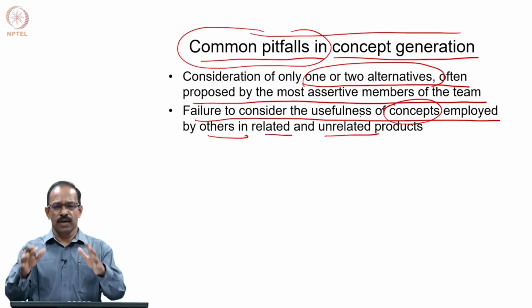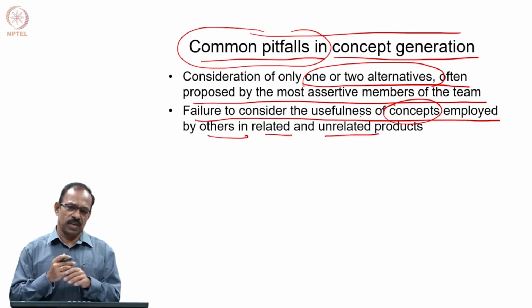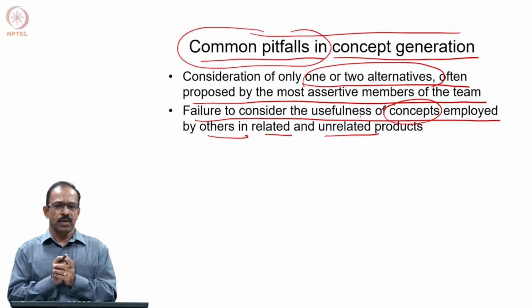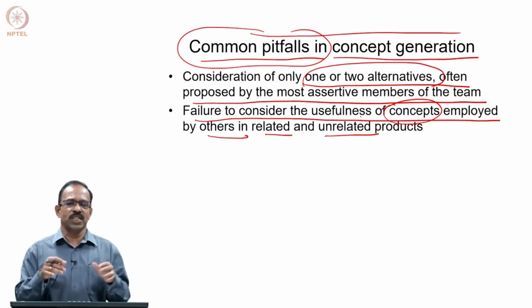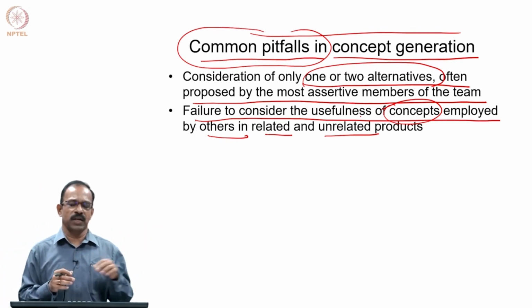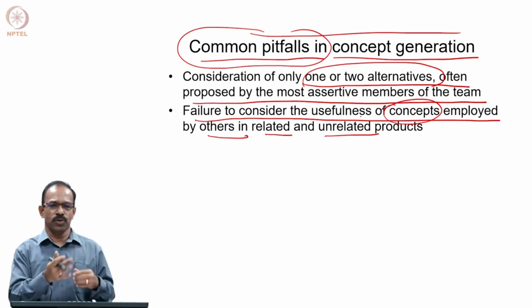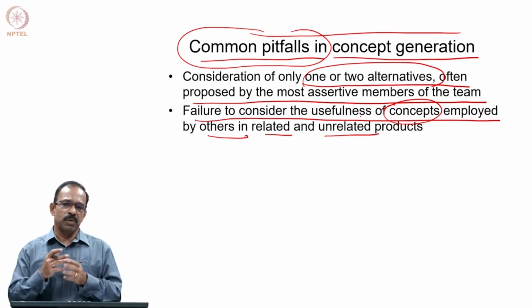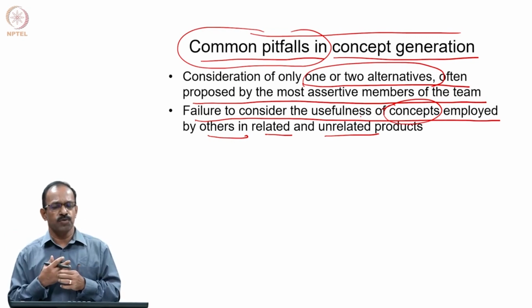For example, you are looking at the water conservation issue, or reducing the usage of water, and you look only at washing machines, how other washing machines use water and what methods they use to reduce water. But there may be many other situations where people try to reduce consumption of water.